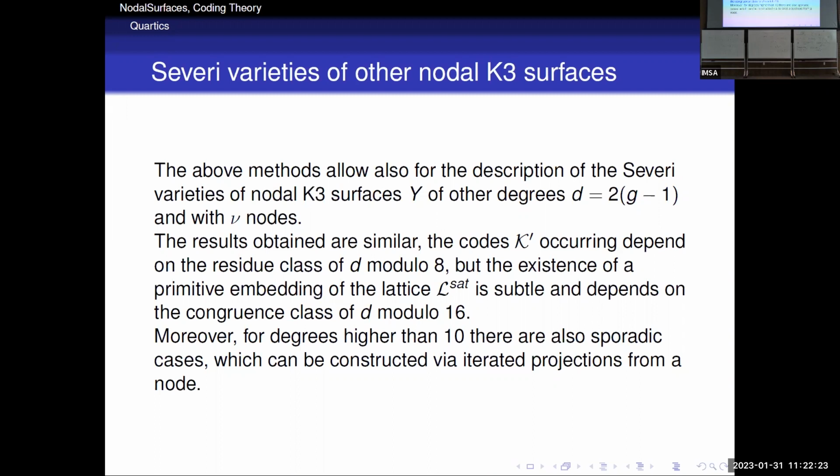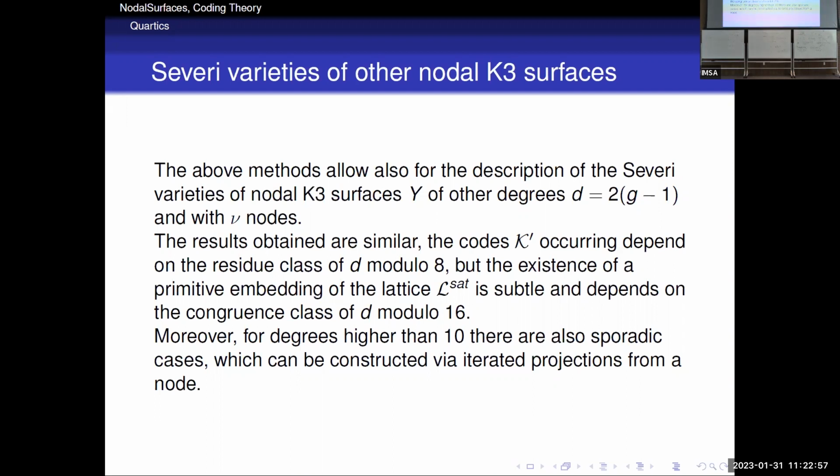Here, many people have been using the results of Nikulin, Dolgachev, and so on, but they always use the case where you have strict inequality. This is the first time that I looked at the case of equality, and there is some arithmetic condition for the embedding, and it just says that this condition is satisfied according to the congruence class of D modulo 16.